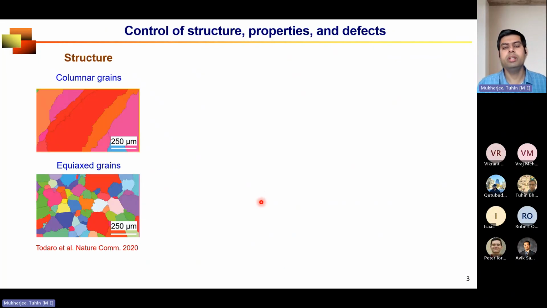So let me give you a brief context of what do I mean by microstructure. If you have taken a material science class, you know that the grain structure control the property, and the grain structure, the grain morphology look very different depending on the material, depending on the processing condition. So I took 2 very elementary examples, columnar grains and equiax grains. Now just think of this part, the top image.